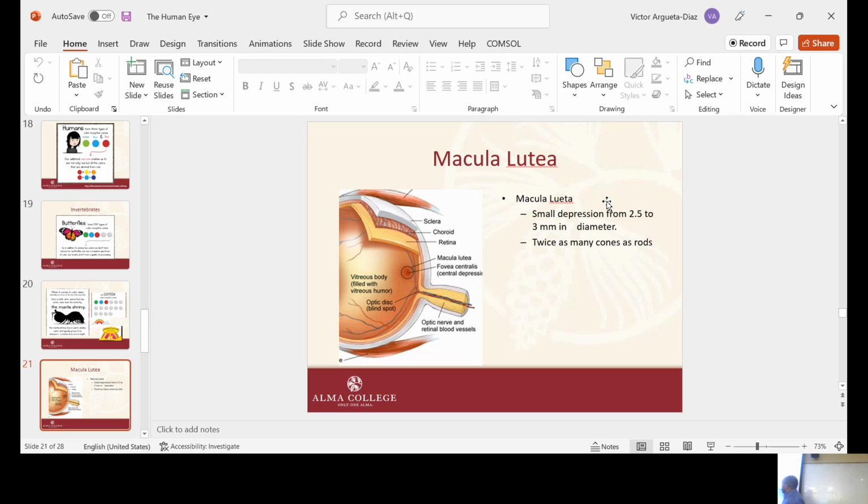Okay, the macula lutea, this little spot over here, is where most of the cones exist. It's a very sensitive area. The cones are very, very sensitive. They can be excited really easily.